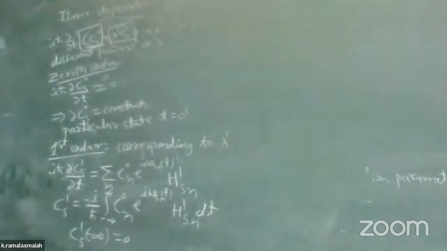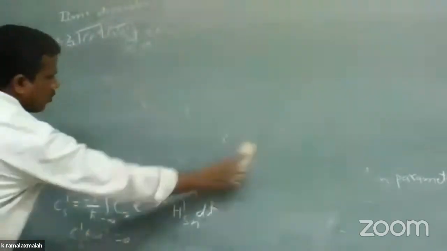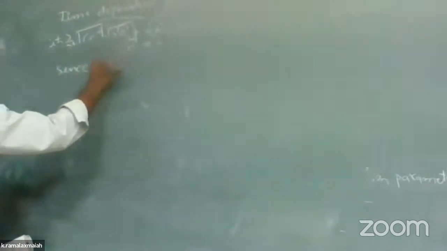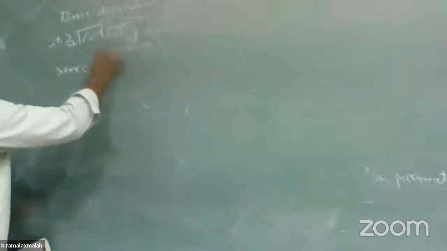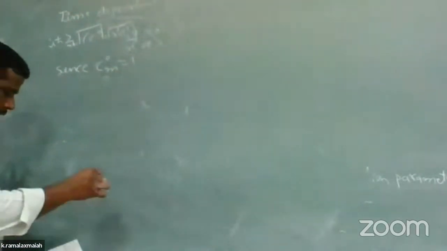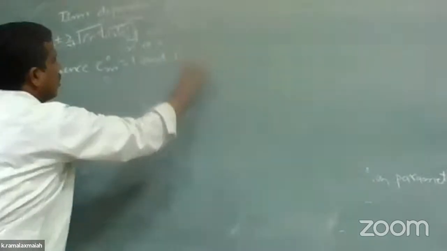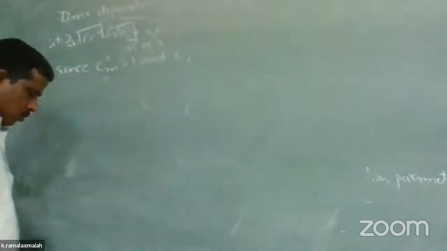Similarly, since C_m, sorry, C_m, this is the m not n, C_m(0) is equal to 1, and C_l, this is l, is equal to 0 to the power of 0 for the l one.